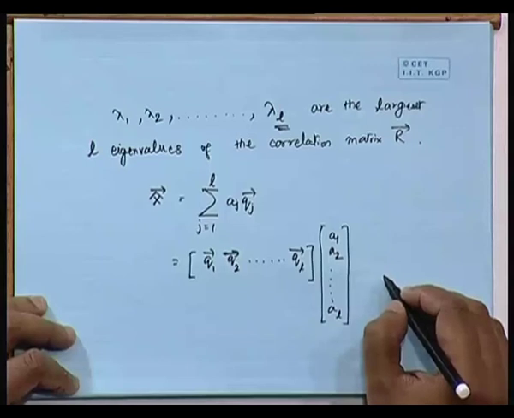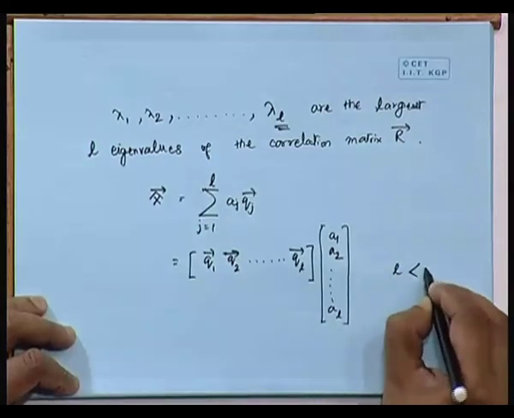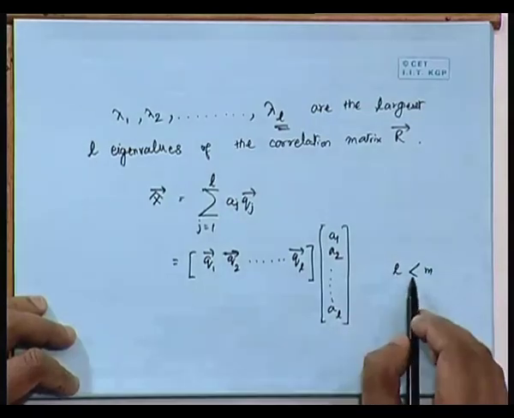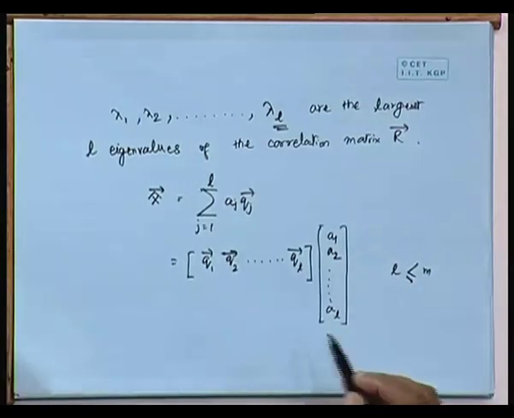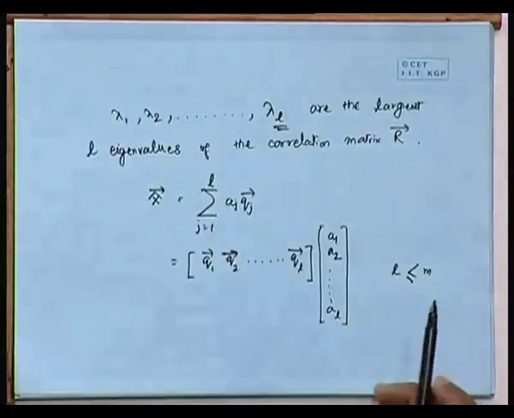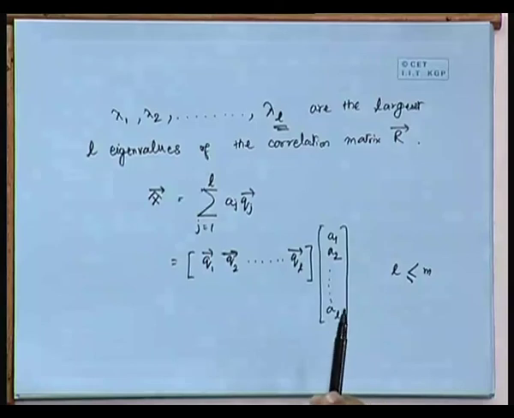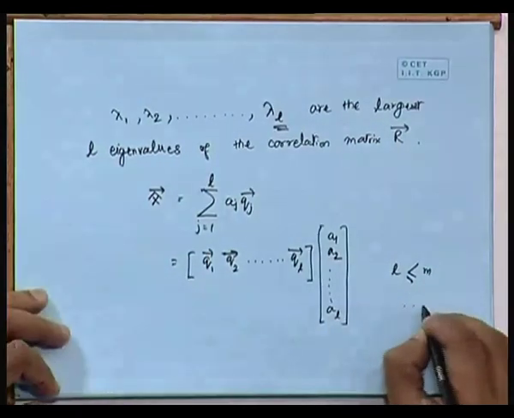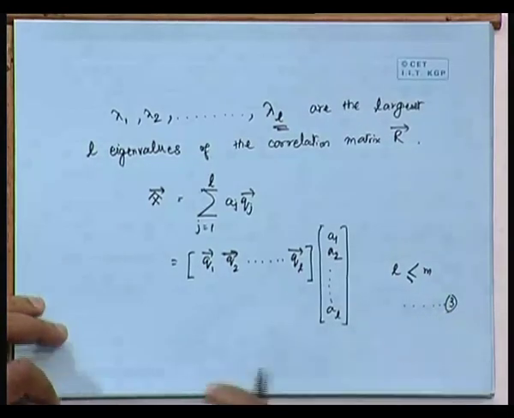L is less than M. In the limit, L could be equal to M also, in which case we are not doing any truncation. If L equals M, then x hat becomes equal to x, but in general, when we choose L less than M, x hat is different from x. This we call equation number 3.